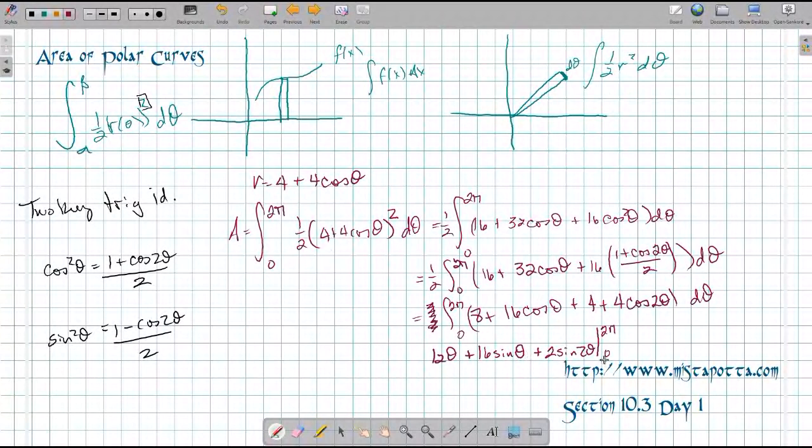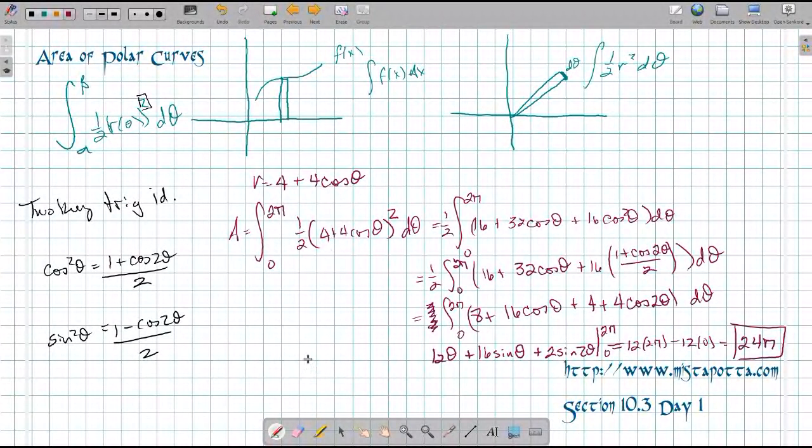So sine of 0 is 0, sine of 2 pi is 0. So these terms really won't contribute to my area. What will contribute, though, is this 12 theta, because 12 times 2 pi minus 12 times 0 gives me 24 pi, and this ends up being the area of this cardioid.